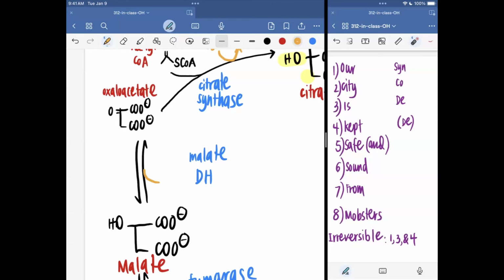Hydrogens are moving around. So we're going to see NAD plus going to NADH and a proton from this malate dehydrogenase reaction in the forward direction, and the reverse will also be true if we look at the reverse reaction.